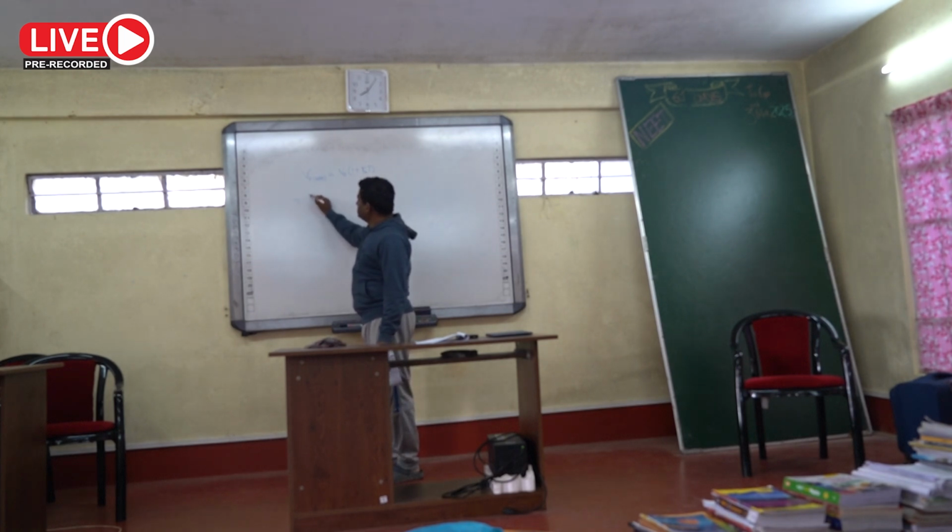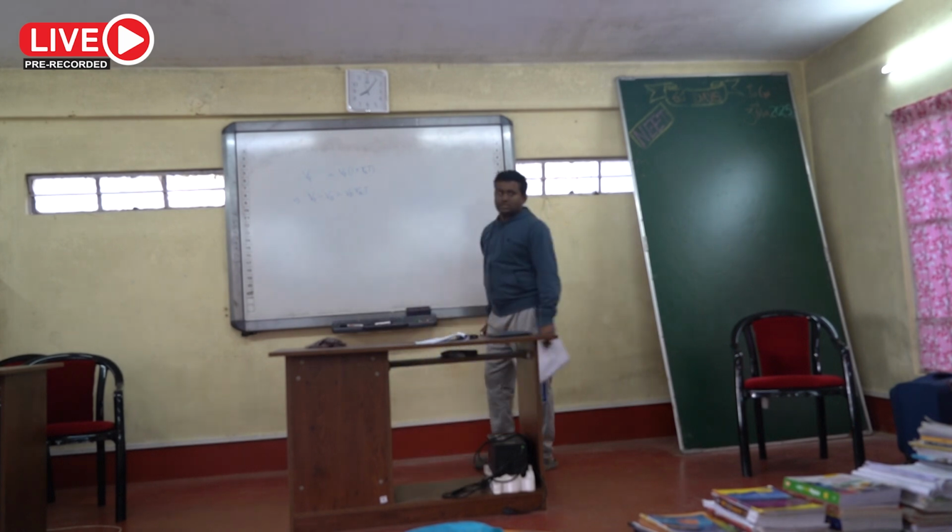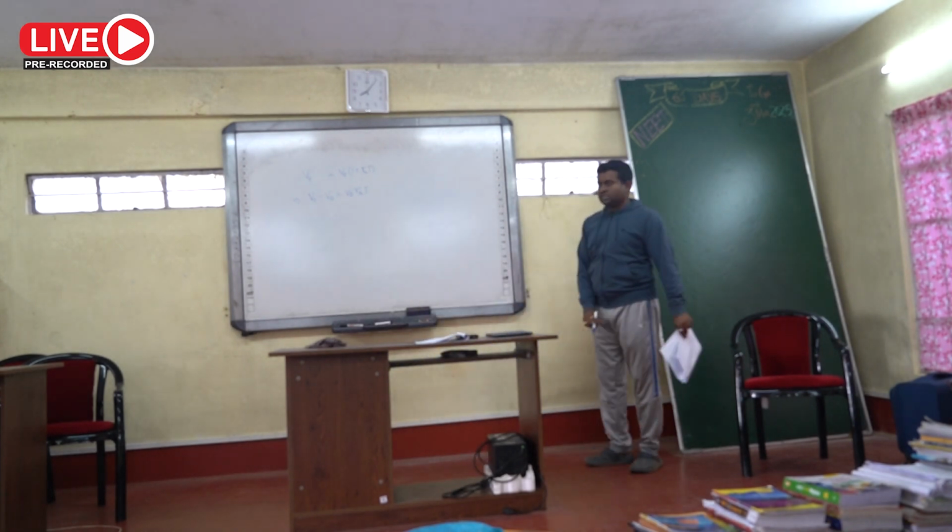This one can be given as the increase in apparent volume. So we can write this as V minus V naught is equal to V naught gamma apparent into T, the apparent expansion coefficient into T.